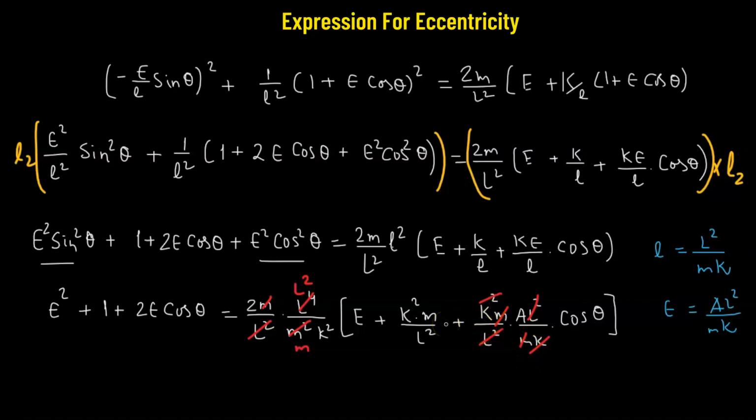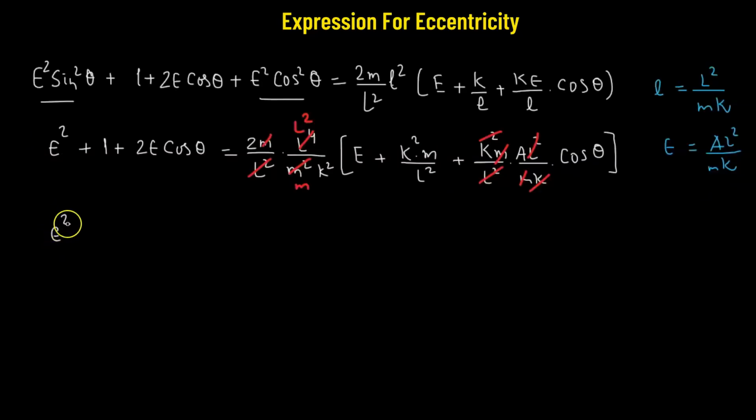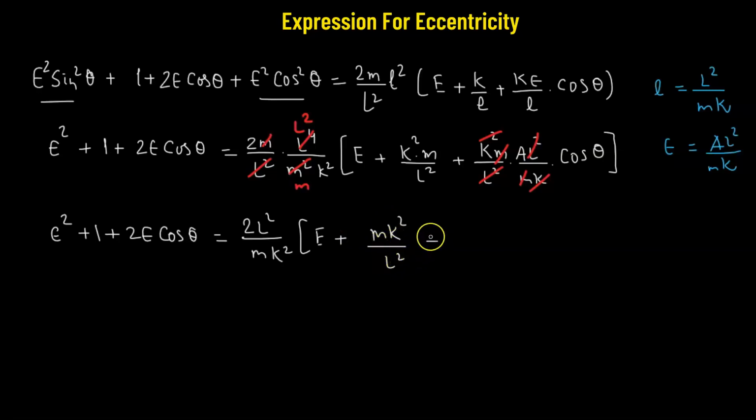So that means we will get epsilon squared plus 1 plus 2 epsilon cosine theta. So here we have 2l squared over mk squared multiplied to E plus m times k squared over L squared plus, so here we are left with a single a times k, so we have cosine theta.